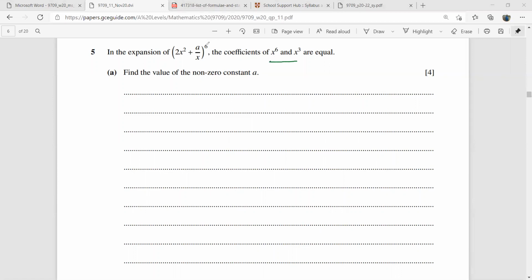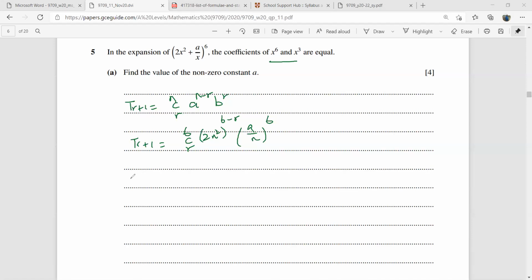The power is 6, so I'll have to write so many terms over here. So let me use the formula T(r+1) is nCr, a raised to power n minus r and b raised to power r. So this is T(r+1), that is 6Cr, (2x squared) raised to power 6 minus r, and (a over x) raised to power r.